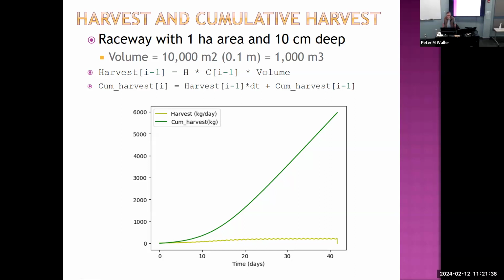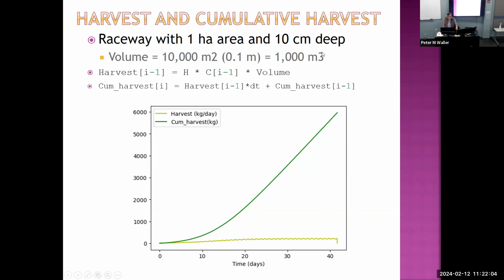And in this case, we're going to have a more realistic scenario as far as the size of a commercial raceway. And this is actually a little big, probably. 1 hectare is 2 acres. 1 hectare is 10,000 square meters. And we're going to say that the depth is 10 centimeters. And so our volume is going to be 1,000 meters cubed.